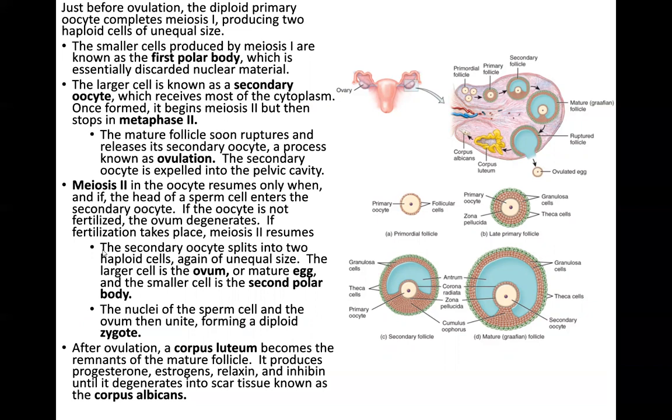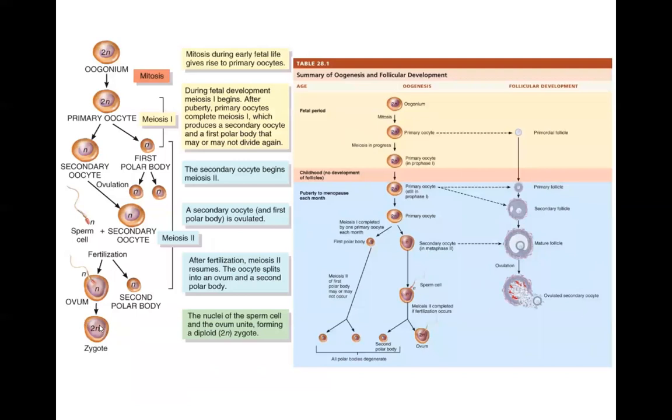And will then, when the nucleus of the sperm and the nucleus of the egg, the ovum that is, unite, that's what forms into a diploid zygote, which is what we show down here at the bottom of our figure on the left. Once again, this is the cell that we all began our life as, one cell that then can divide, becoming 2 cells, that can become 4 cells, and so on and so on.